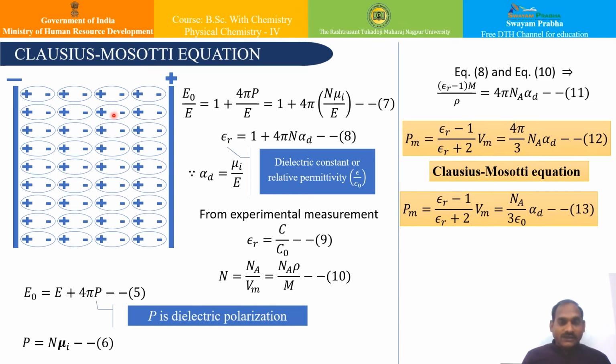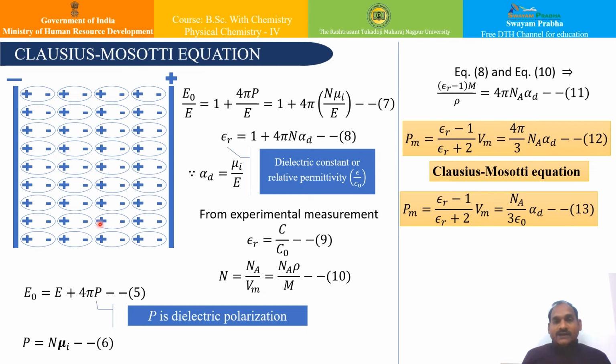The charges on the condenser plate are partially compensated by the induced charges on the boundary of the dielectric. You can see in the figure: look at the charge of this plate, look at the charge of this plate, and look at the charge on these molecules.